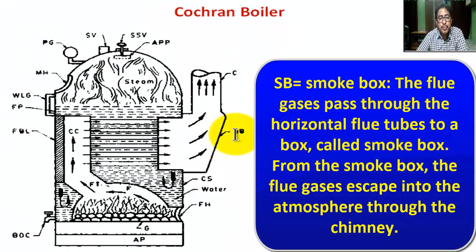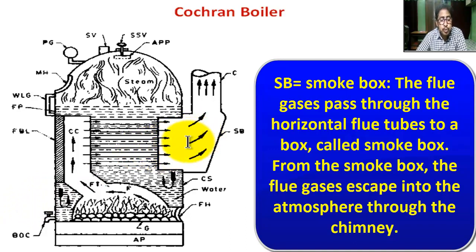Now this is the SB. SB means smoke box. The flue gases pass through the horizontal flue tube to the box. This box is called smoke box.